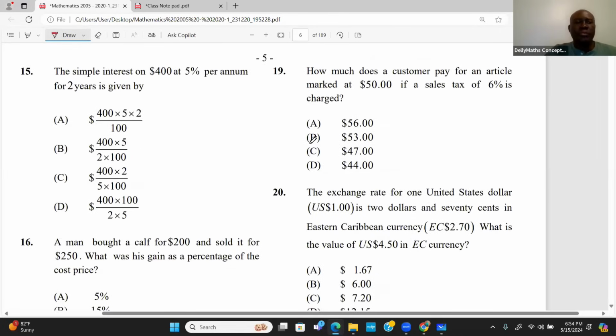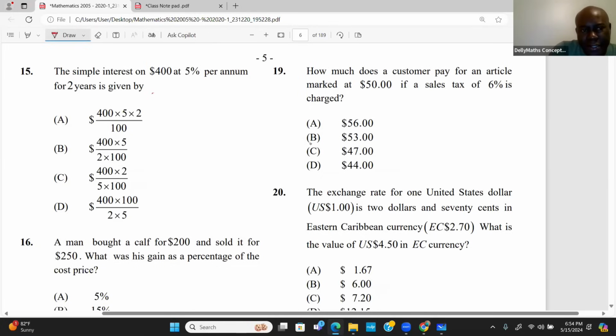All right? So let's take a look at number 15. 15 says the simple interest on a value for 2 years, right? So it's given by what? What they want to know here is, are you able to write the formula?